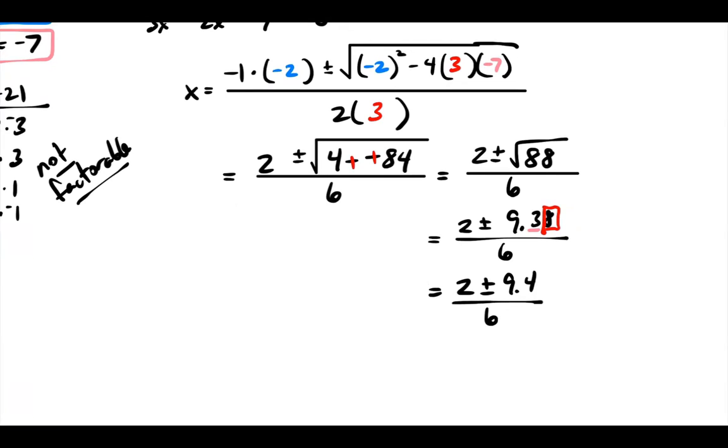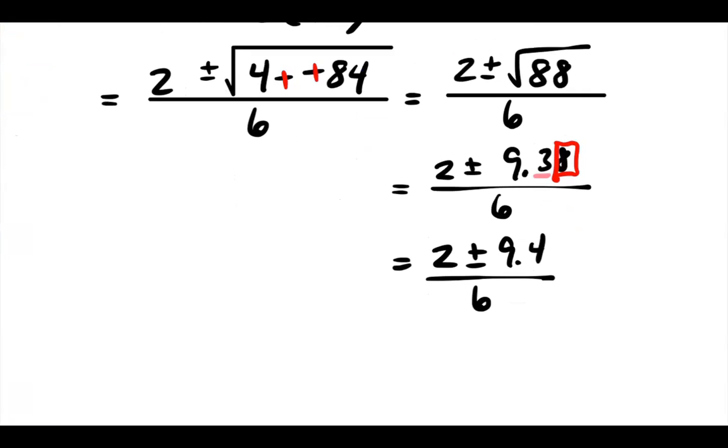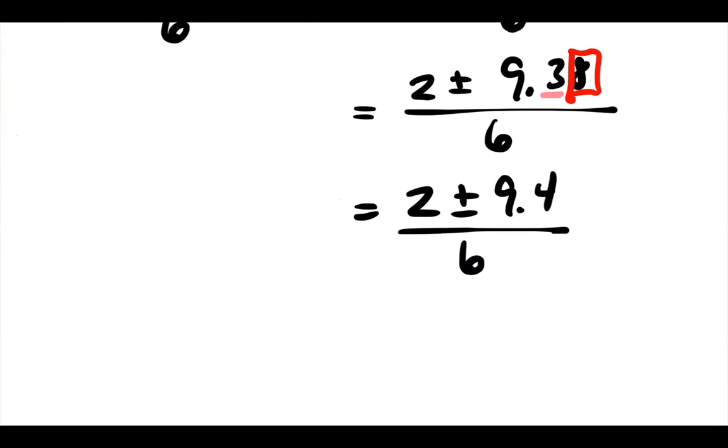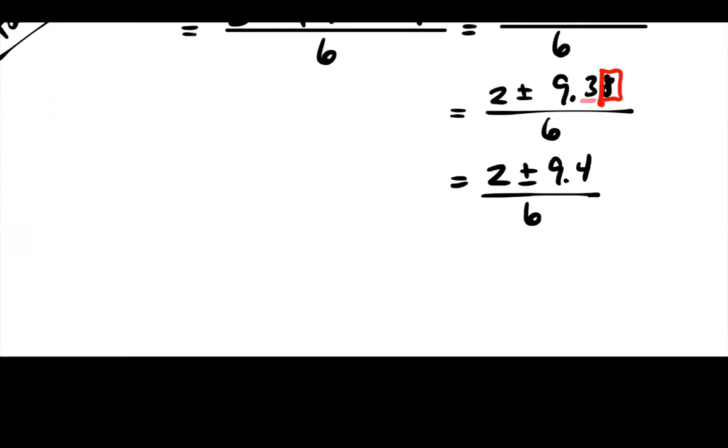The last step says separate and solve. Remember when we separated on problem number 1 at the end, we separated them and solved and got 2 answers? We're going to do the same thing here. That's what the plus and minus means. The plus and minus means I want you to do both. First, add them together and divide, and then subtract them and divide. So we're going to get 2 answers.